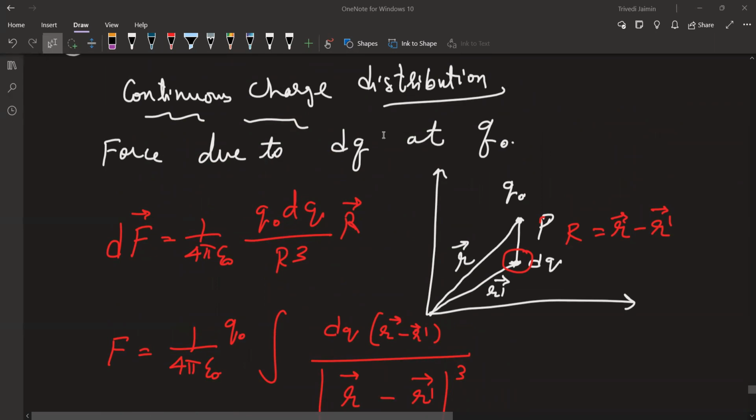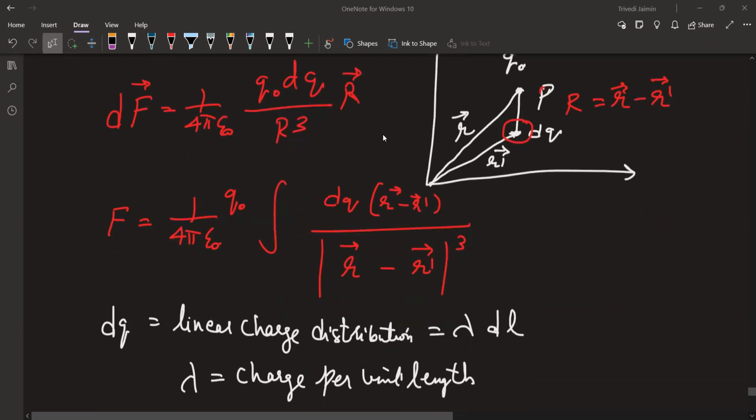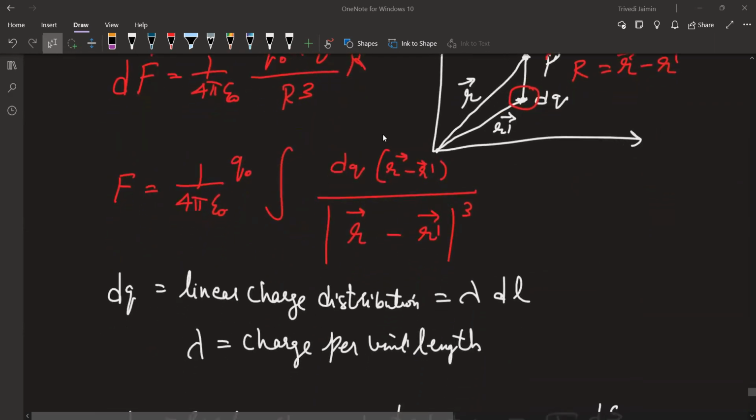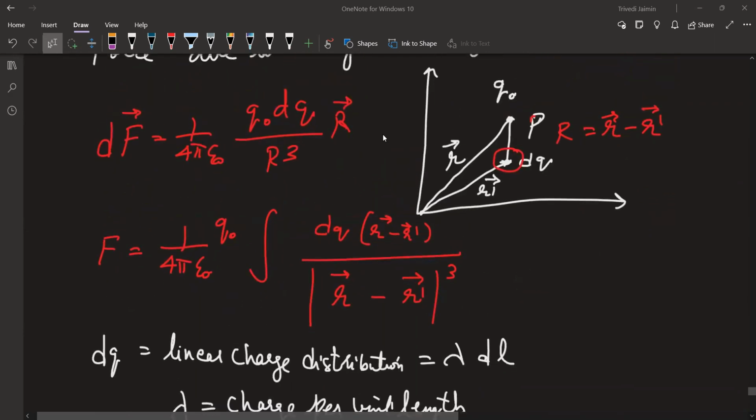If it is a normal calculation, we can find it out. But if it is a distributed load or distributed charge, then we need to integrate; we cannot find it simply. So here, the same formula we are using with an integral. Instead of summation, we have the integral form.